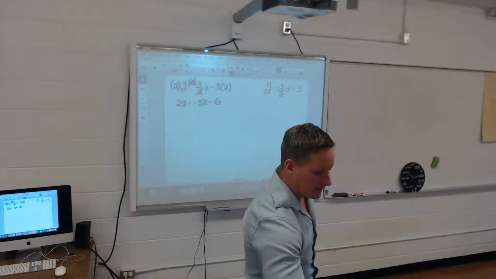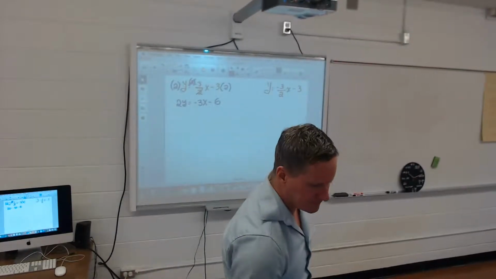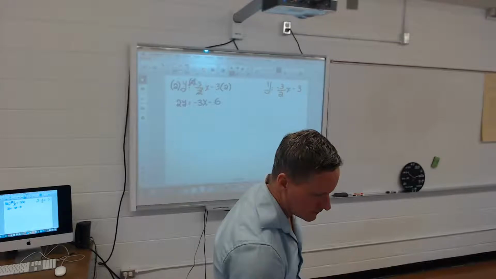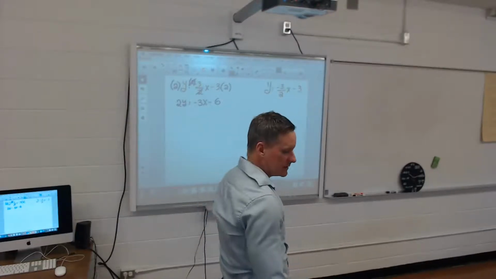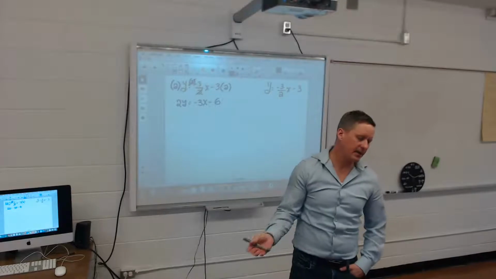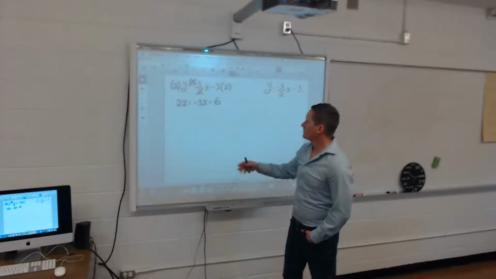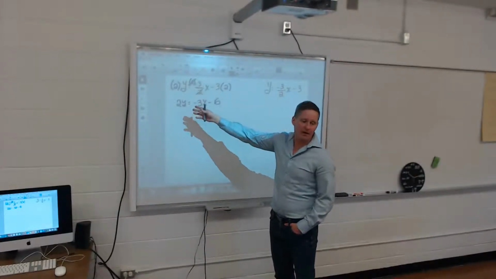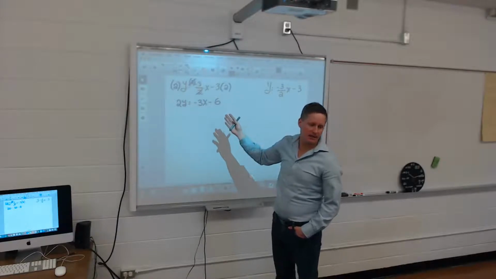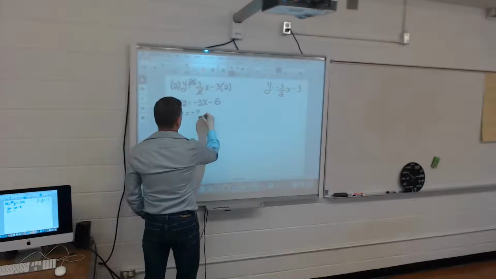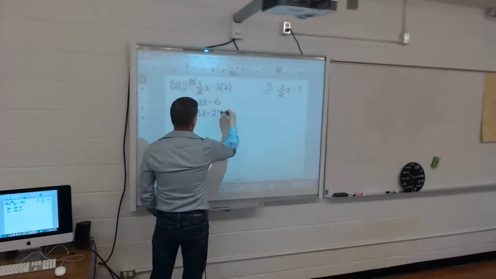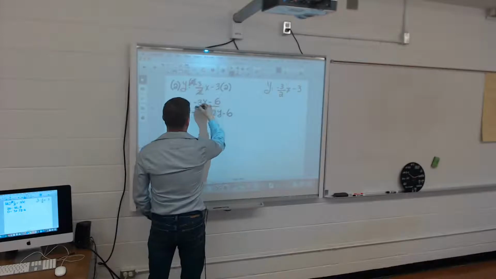Then the last step in this is to get everything on one side and equal it to 0. So I've got the y by itself here. I'm going to subtract it to this side and get it equal to 0. So I go 0 equals minus 3x minus 2y subtract 6.